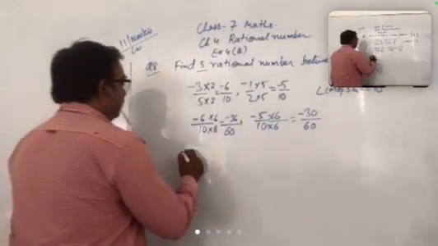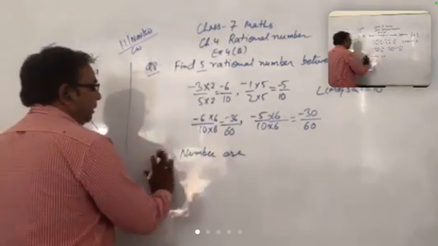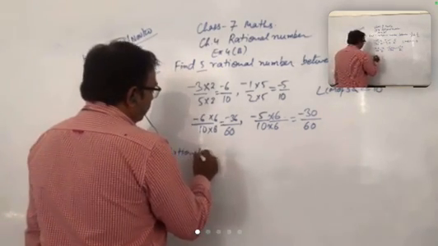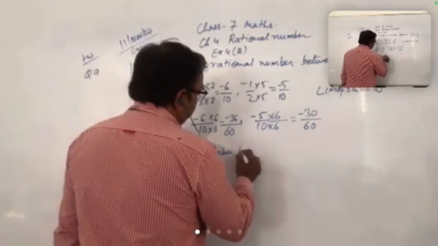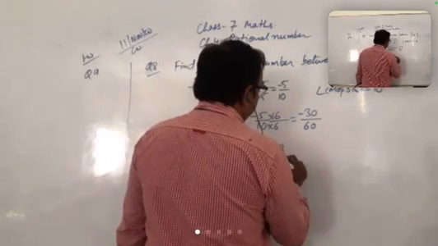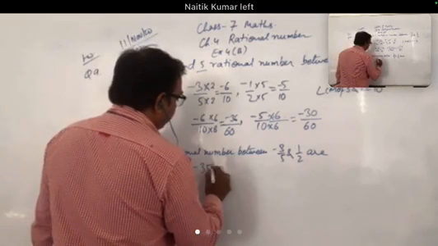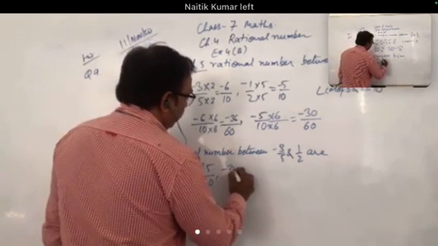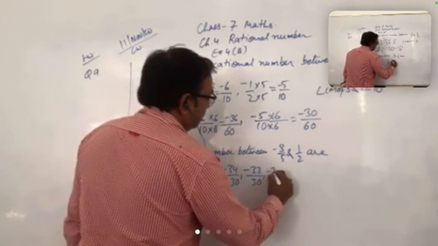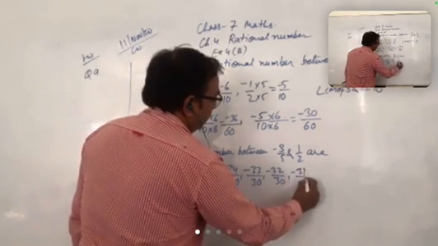Now the rational numbers between minus 3 upon 5 and minus 1 upon 2 are minus 35 upon 60, minus 34 upon 60, minus 33 upon 60, minus 32 upon 60, and at last minus 31 upon 60.